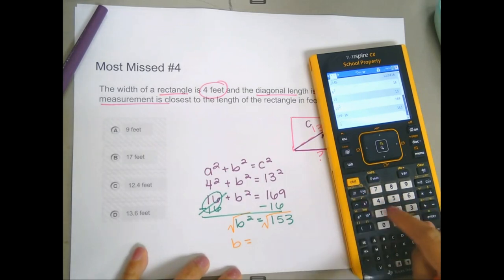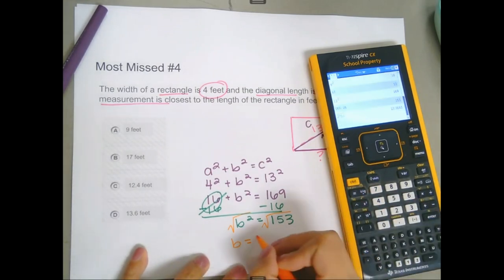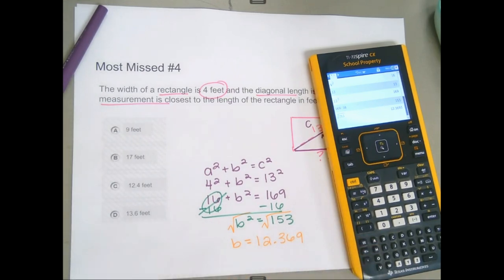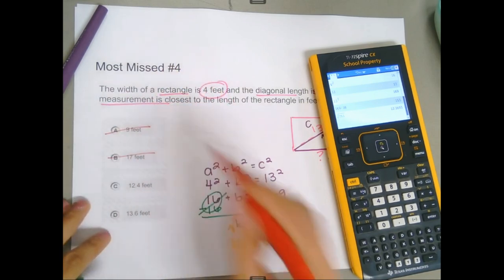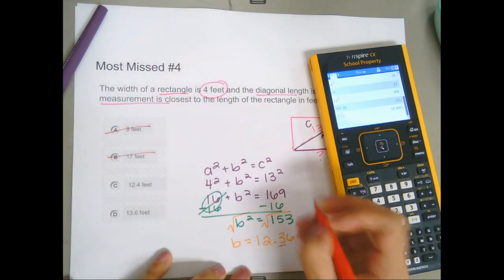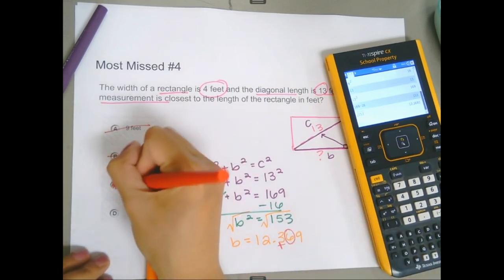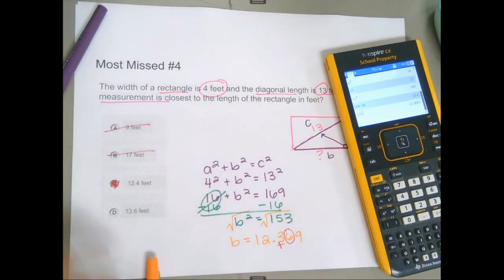So the square root of 153 is 12.369. So when I look at this, I can automatically get rid of 9 and 17. And if I round to the tenths place, that 6 tells me to round up. And I'm going to pick C, 12.4 feet as my answer.